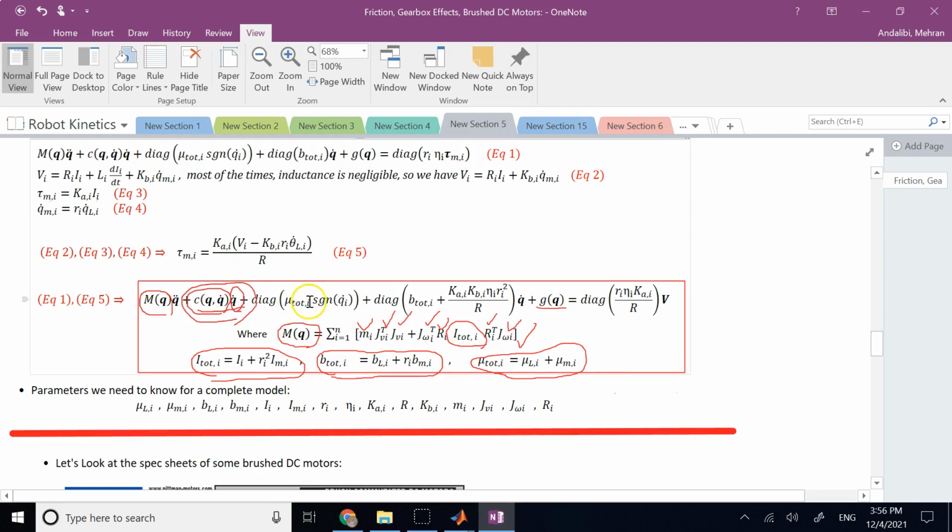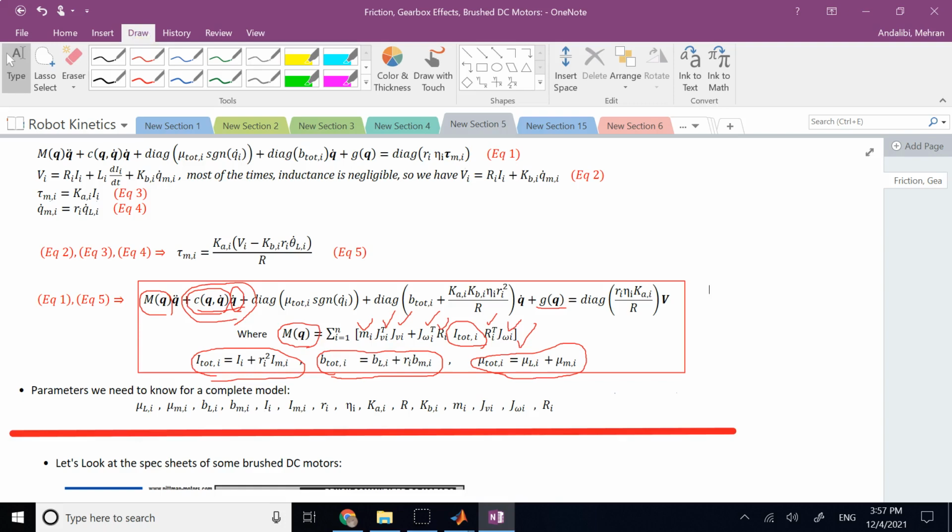So if it's like mu total 1 times sine of Q1 dot, mu total 2 times sine of Q2 dot, and just make that a diagonal matrix. So it is like this. Correct? That's what you need.